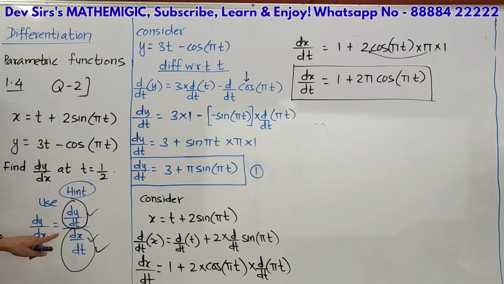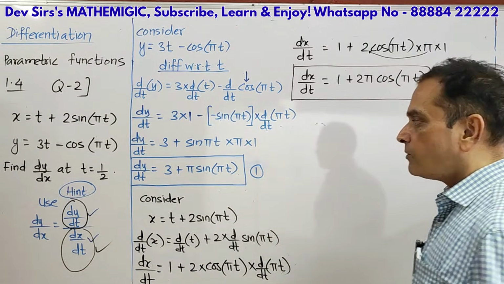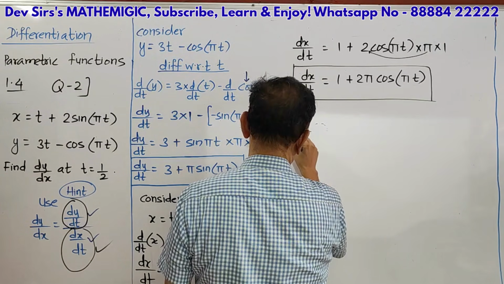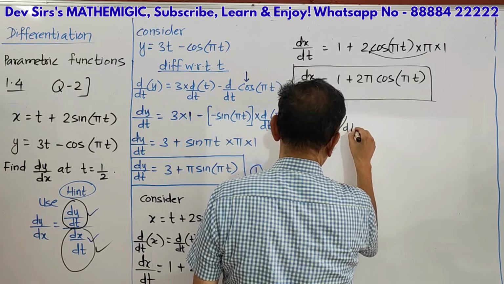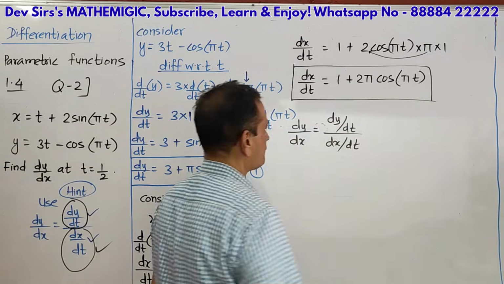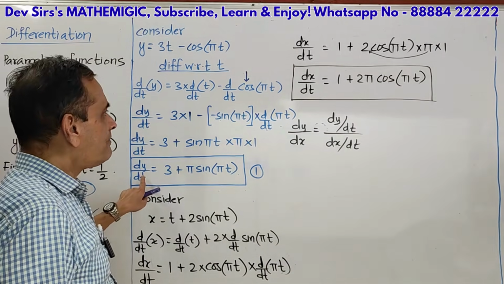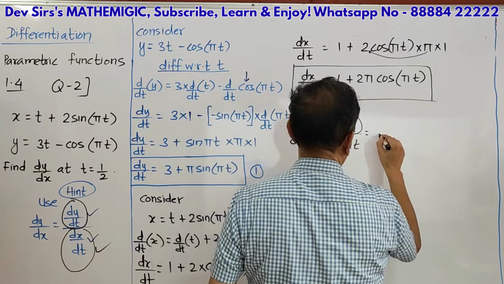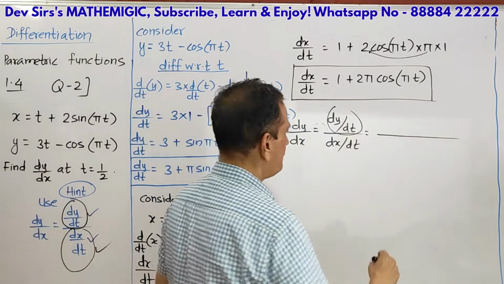अभी dy by dx, this is called as parametric formula. Okay, so using that parametric formula, let us write that. Just substitute the values, substitute the answers. dy by dt का आंसर क्या आ गया यहाँ का? थ्री प्लस पाई साइन पाई टी.